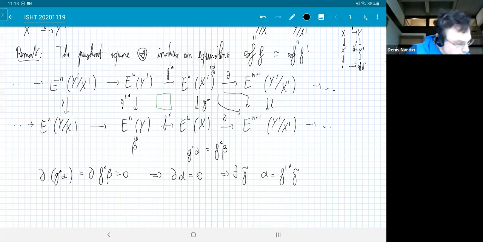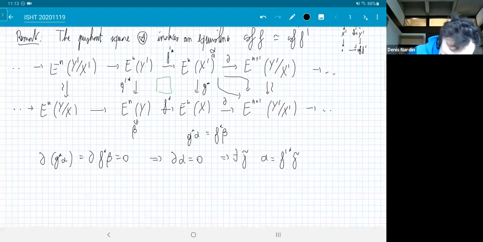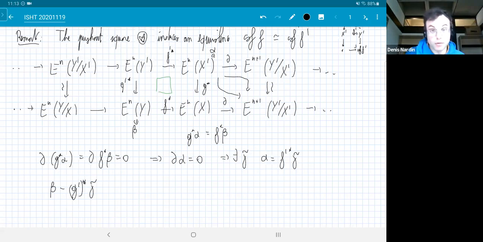So what we can do is consider beta minus G prime upper star of gamma tilde. We want this to be 0. It's not going to be 0. Let me call it beta 0 in general, but we might be able to fix it.